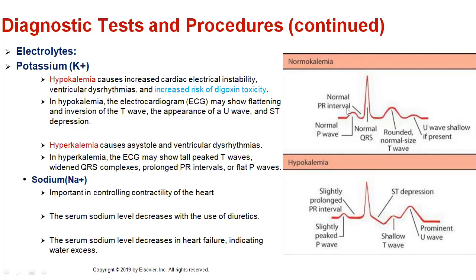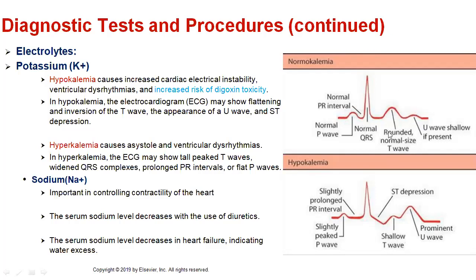So this is the normal electrocardiogram we can see. You can see the positive upright P wave, the QRS complex positive upright, and the T wave positive upright, and the U wave is shallow.